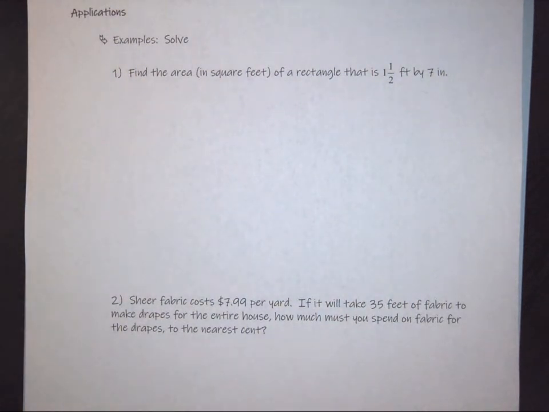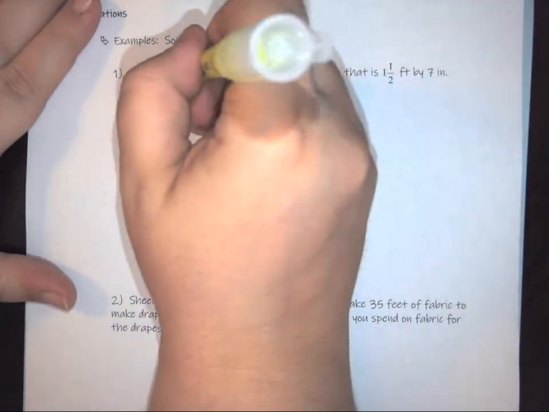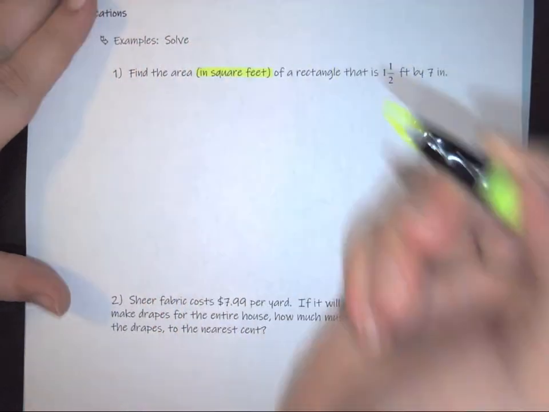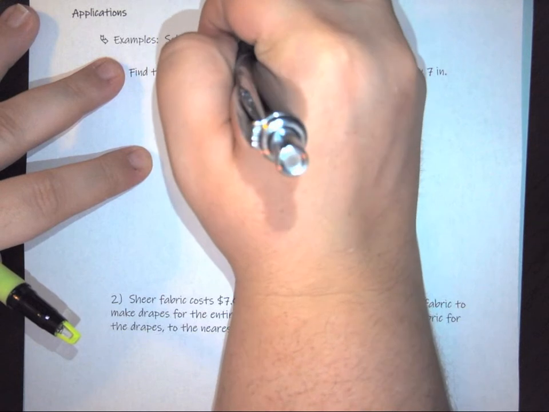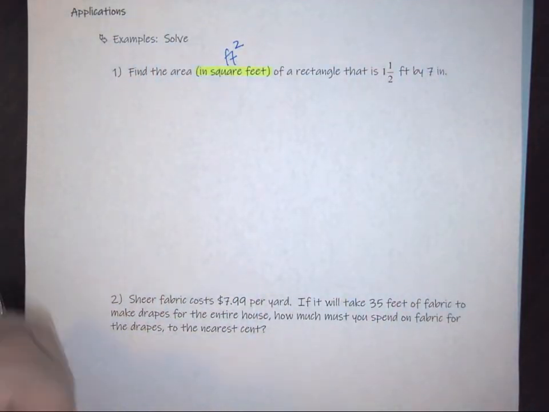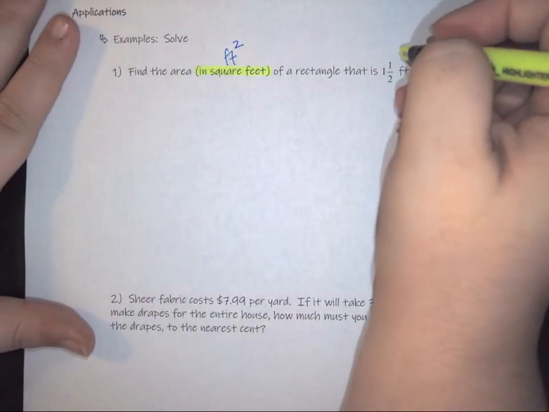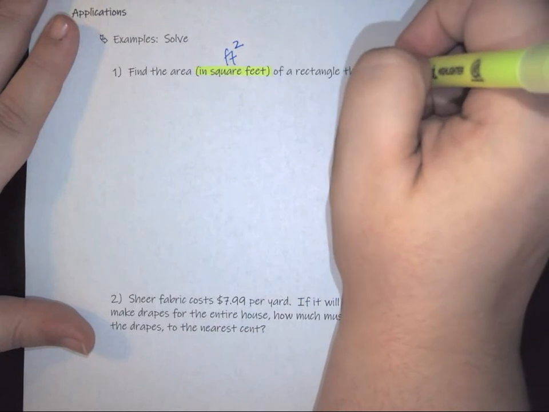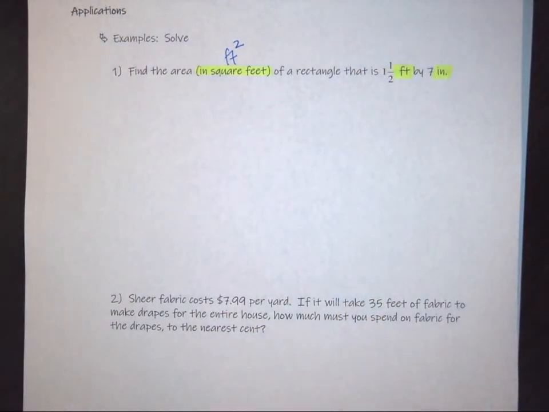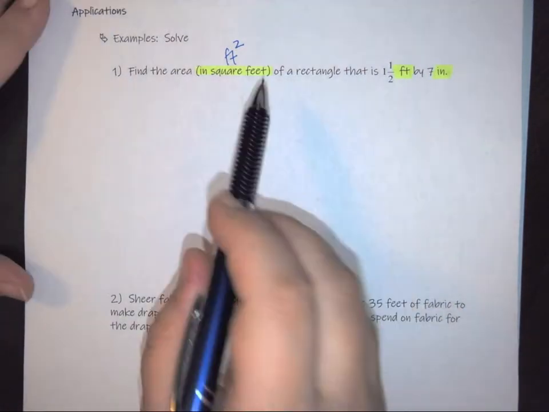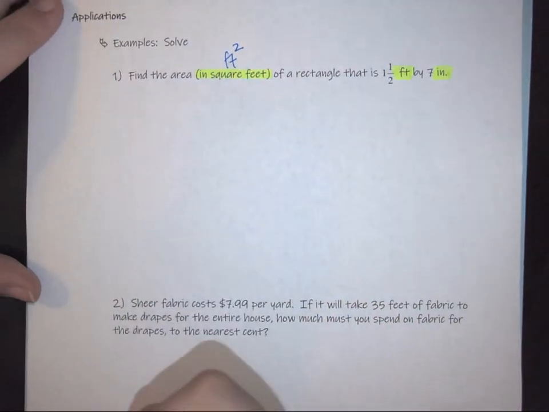So there's a couple things that are really important. First, I want square feet. So this means I'm looking for an answer that's going to end up being feet squared. Second, I have 1.5 feet by 7 inches. So I'm going to have to convert, and my conversion has to go from inches into feet because I want feet squared as a result.